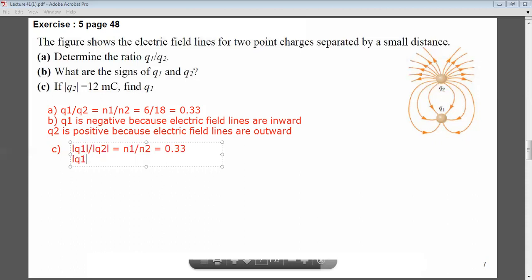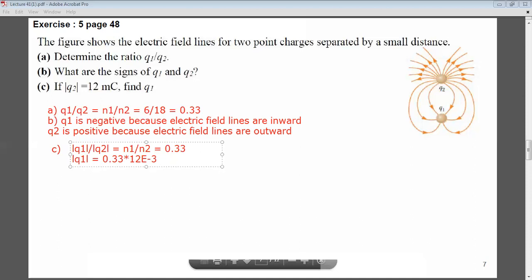So the absolute value of Q1. Q1 is negative, so we take the absolute value of Q1, which is equal to 0.33 times the absolute value of Q2. Q2 is positive, so it is the same, 12 e to the minus 3.